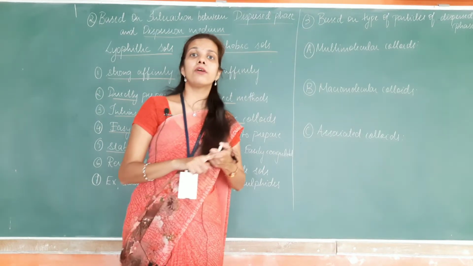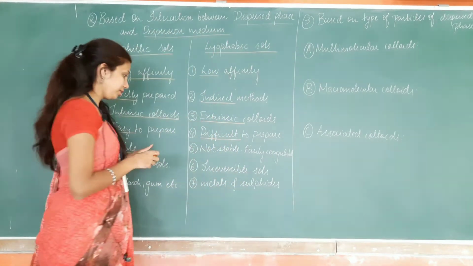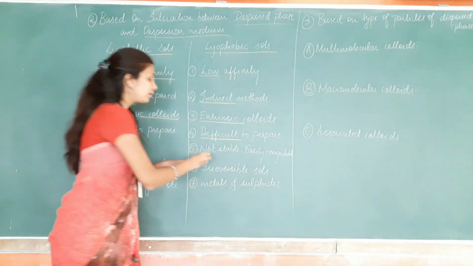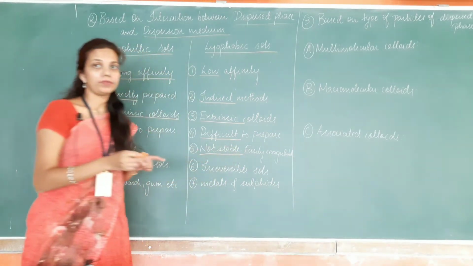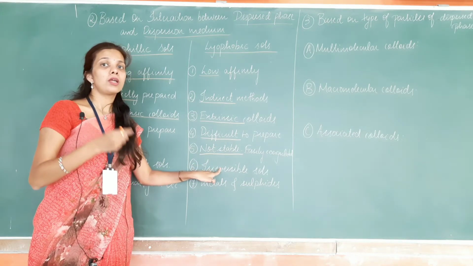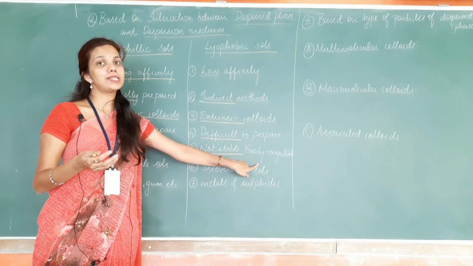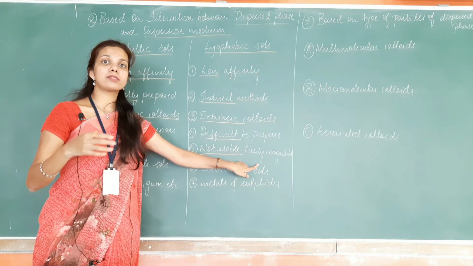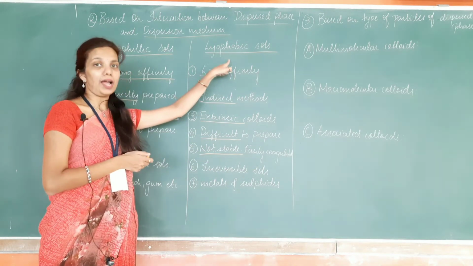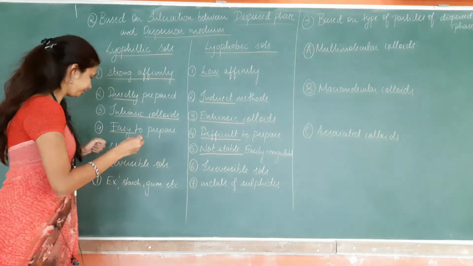Also they are very stable in nature. Whereas when we talk about lyophobic salts, they are unstable in nature. Why they are unstable is because they can be easily coagulated. That is, there is an easier formation of precipitation in lyophobic salts.